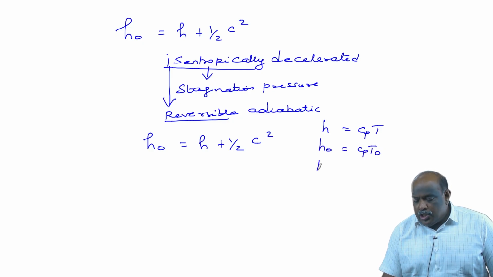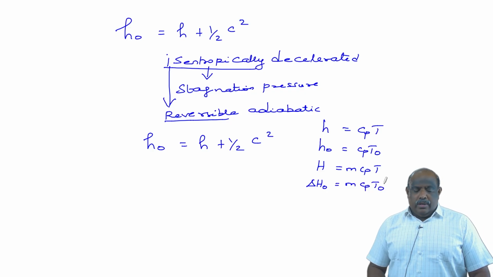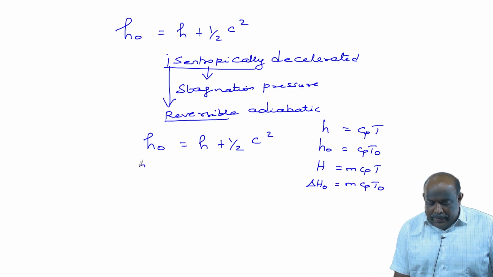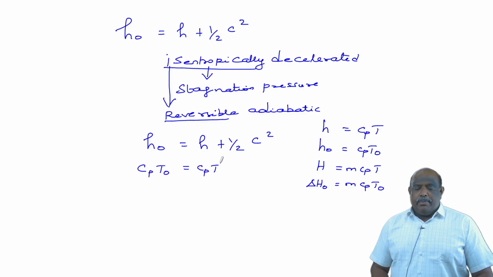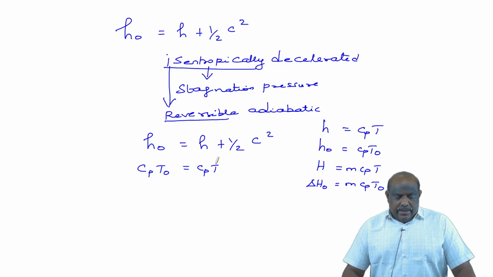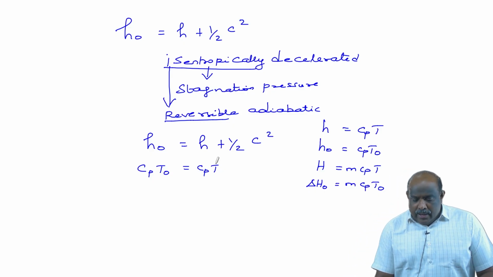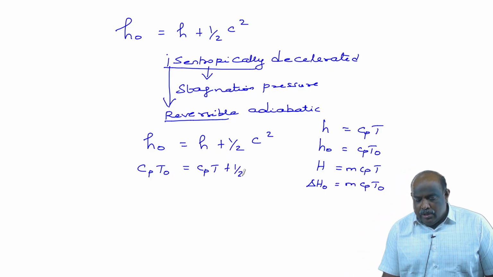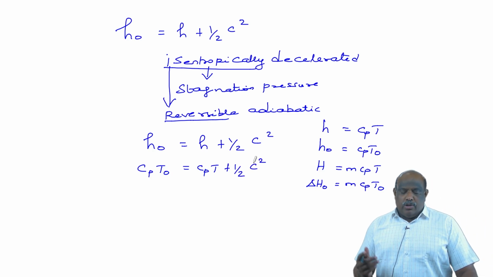If it is capital H, it will be m Cp T; if it is capital delta H naught, it will be m Cp T naught, etc. So H naught is given by Cp into T naught and H is given by Cp T, where Cp is the specific heat capacity at constant pressure, T naught is the stagnation temperature, T is known as the static temperature, and C is the velocity of the fluid or the velocity of the object or the velocity of the flight, whatever you may call it.